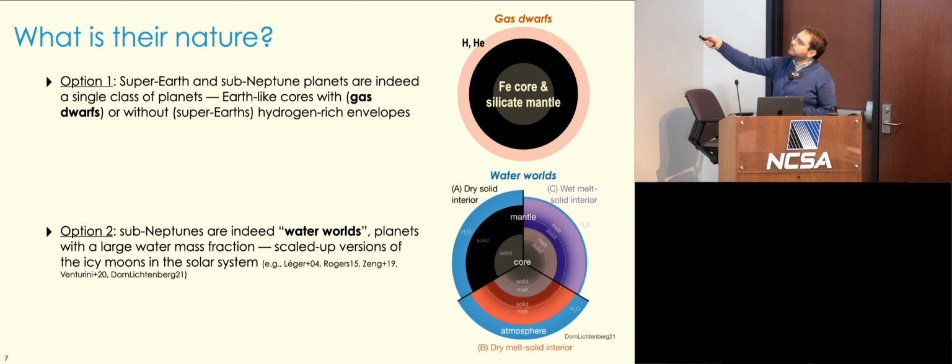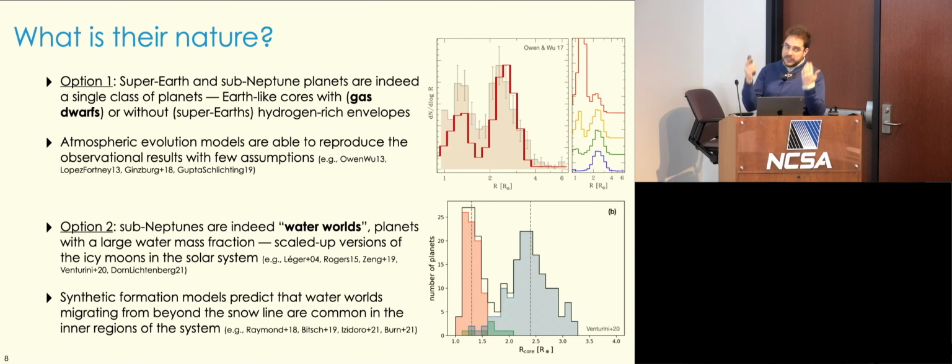But something more likely is that the magma in the interior of the planet mixes with the water, and you have a very small layer of steam atmosphere, and most of your water, by mass up to 50% perhaps, similar to the comets or the icy bodies in the solar system, is trapped in the mantle, so it doesn't change the structure of your planet from the outside that much. The problem with these two options is that they explain the data equally well.